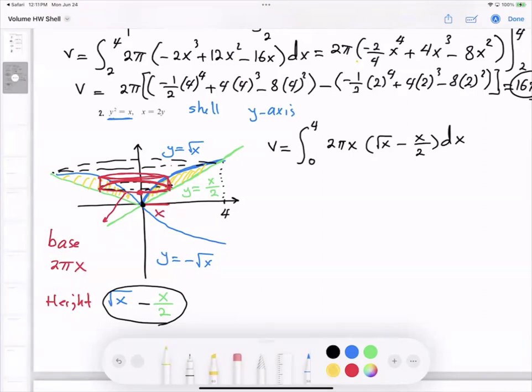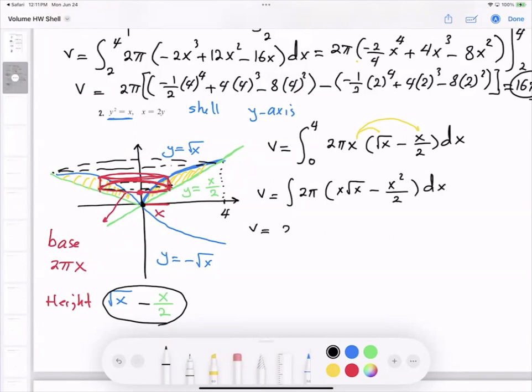So make sure to distribute x into the parentheses, simplify as much as you can, then take the integral. So the volume is the definite integral of 2 pi x times, let me just write 2 pi x a little bit further, I don't want this to intersect, 2 pi times x times square root of x minus x squared divided by 2 dx.